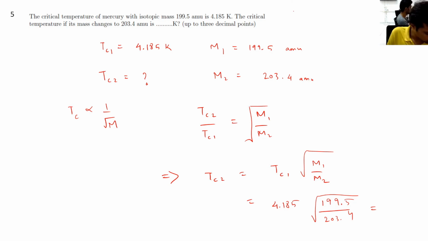It comes out to be 4.145, around 4.14. So we see that the temperature is reduced. That is because the mass has increased, and the critical temperature is inversely proportional to the square root of the isotopic mass.